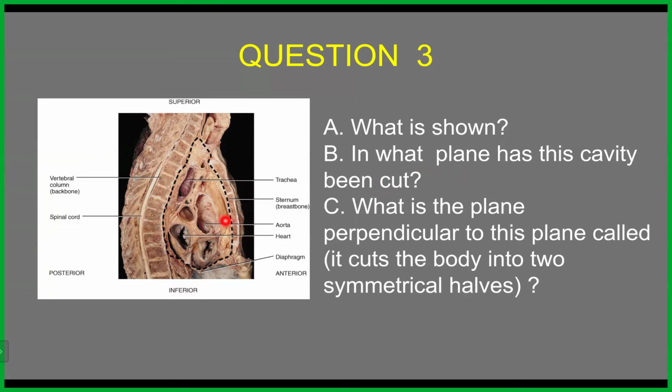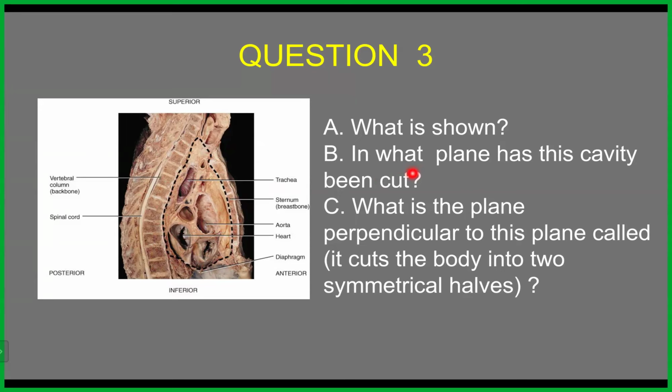And we're told that that's the aorta, this is the sternum, that's the trachea. So we can see that we're around the chest area. So we're talking about a section of the upper trunk, the superior portion of the trunk.